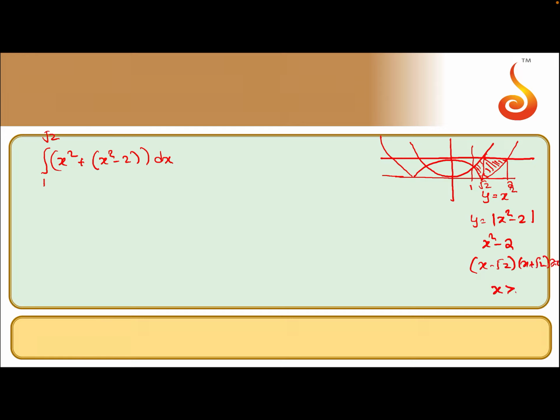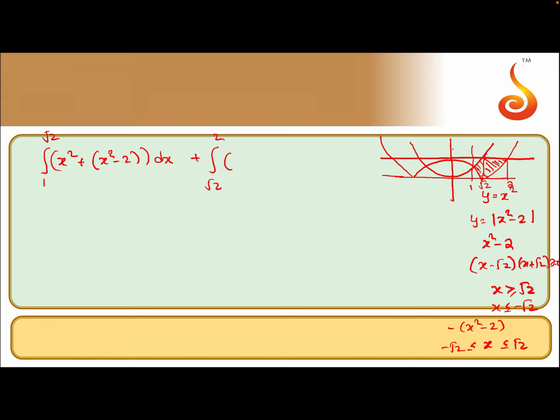It means x is greater than or equal to root 2 and x is less than or equal to minus root 2. But this is equal to minus times of x square minus 2 whenever x lies between minus root 2 to plus root 2. So this is x square plus integral from root 2 to 2.